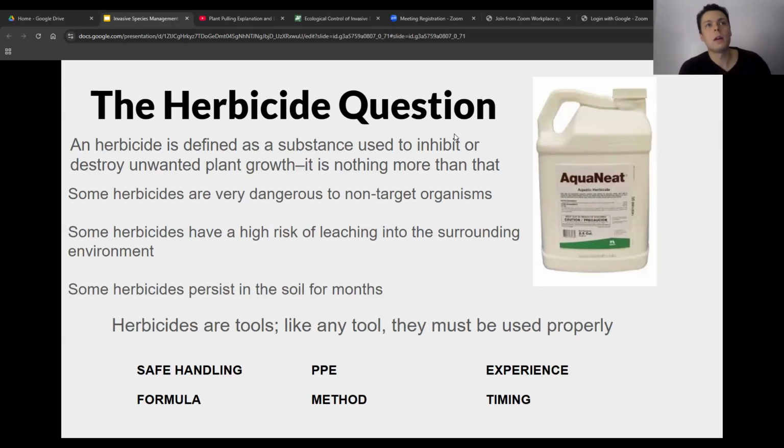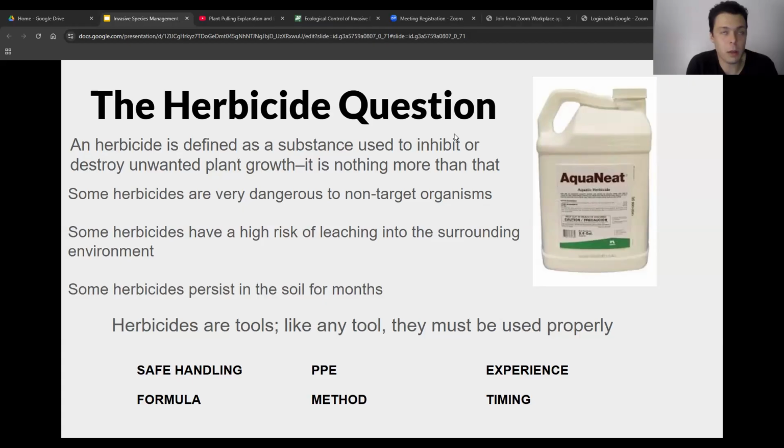It's all about using the proper equipment, the proper PPE, having the right experience and training, holding an herbicide applicator's license, understanding the formula, the different methods of uptake, and understanding which ones one is comfortable with using, which ones you're not comfortable with using.